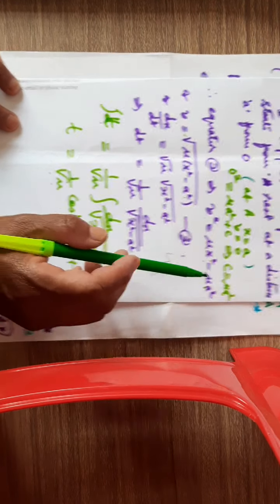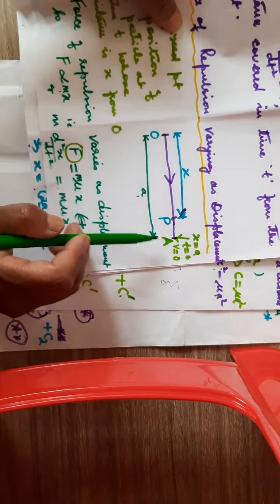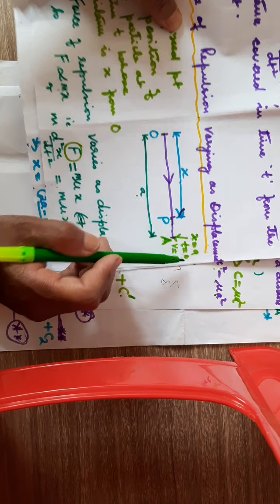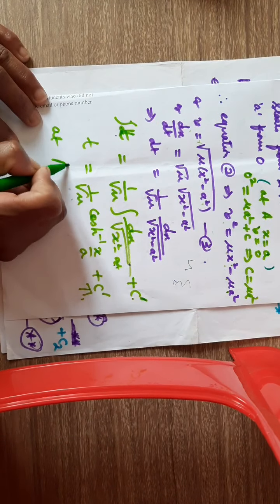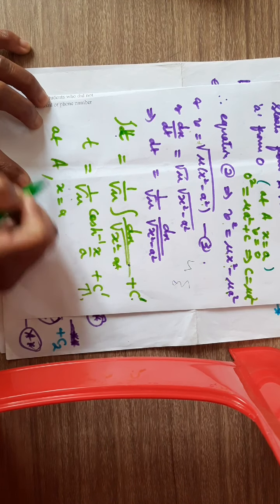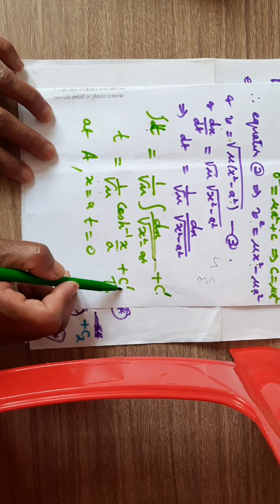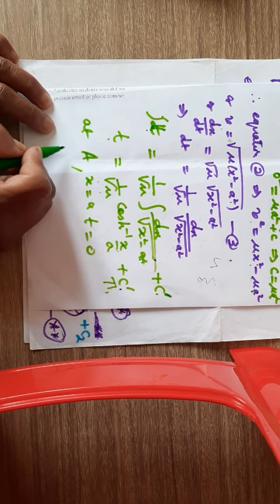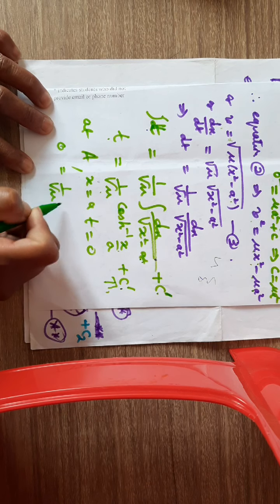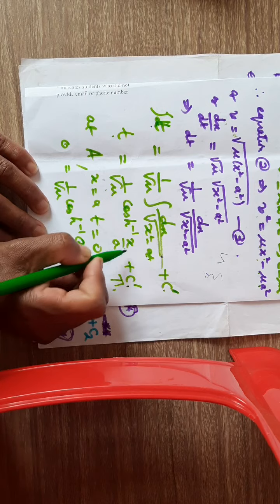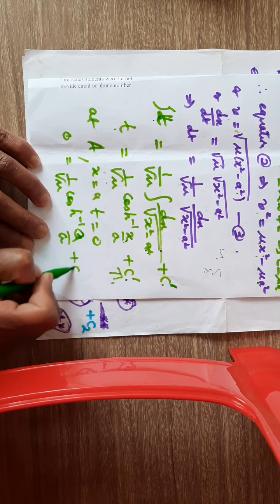Now we need to calculate this one. At that initial position a, what is t? t is equal to 0. That means when x is equal to a, t is equal to 0. So using this initial condition, we can find out the value of c prime. Substitute here: 0 is equal to 1 by root mu cos hyperbolic inverse of x by a, replace x by a, then plus c prime.